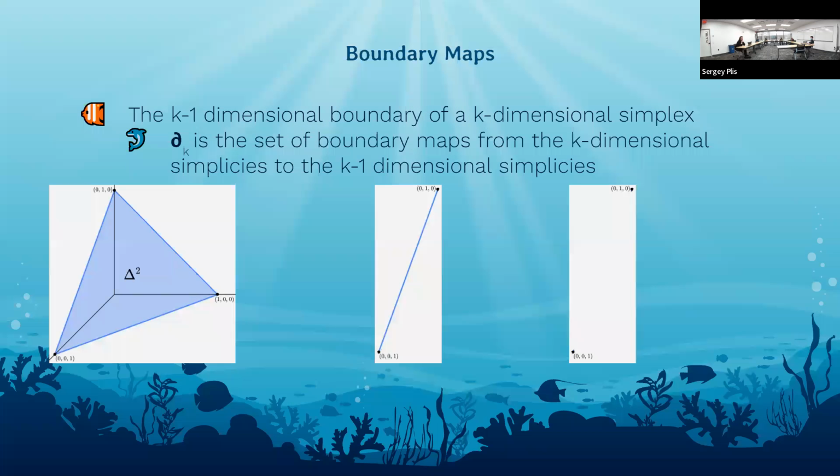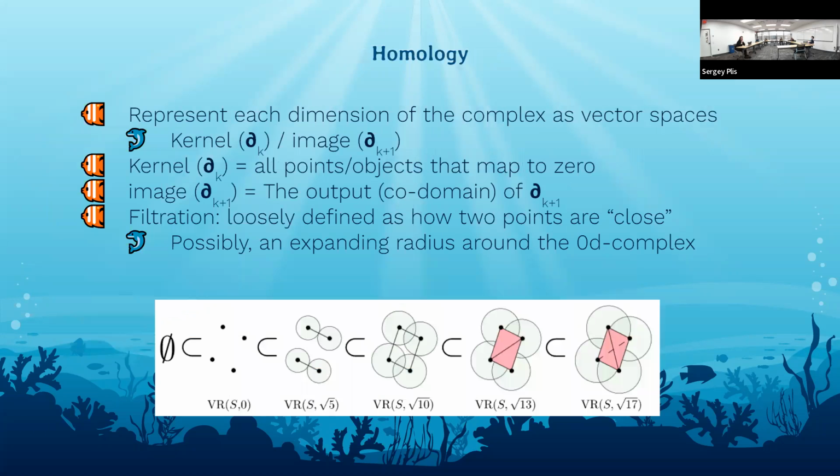Okay, so a homology is at each dimension of this complex that you can represent that complex as a vector space. Maybe it's points in three-dimensional space, maybe it's something more abstract, or an algebraic structure.